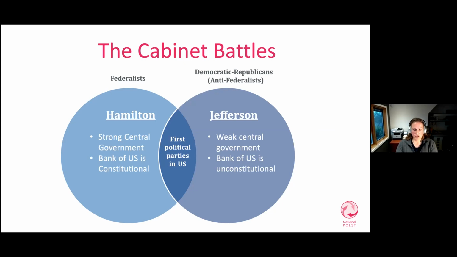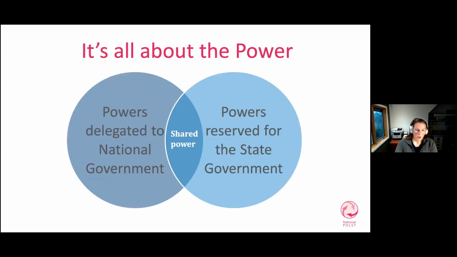Hamilton favored a very strong central government and a single bank for the US, whereas Jefferson wanted more power to the states, and he didn't want a single bank. What they were, of course, fighting about is power. Hamilton really wanted the strong central government, and Jefferson wanted the states to have the most power.